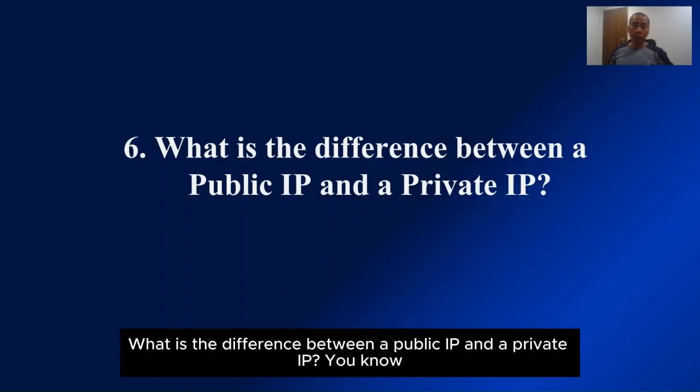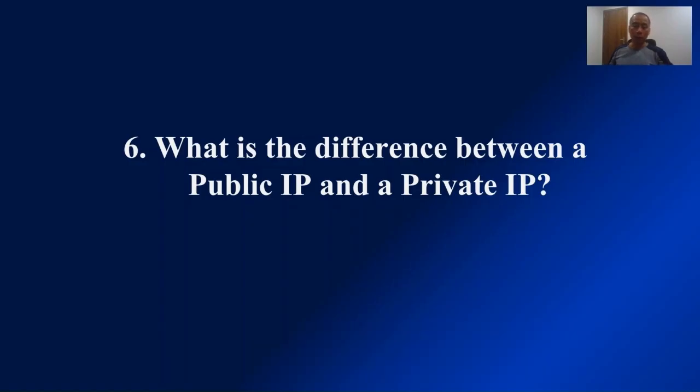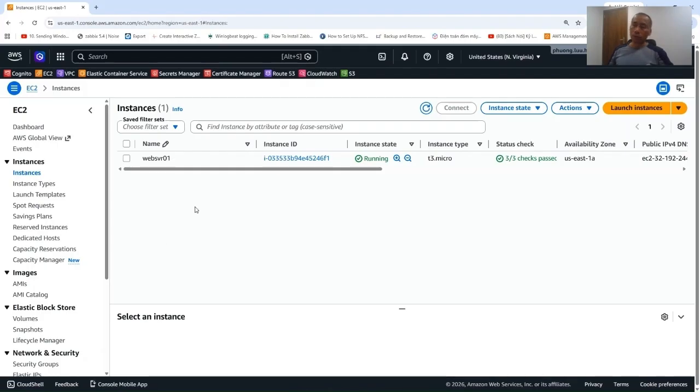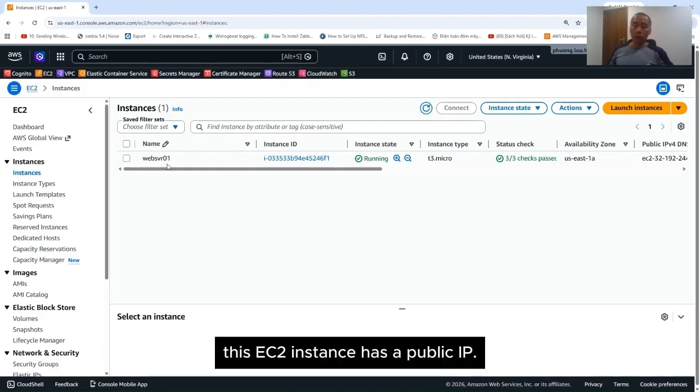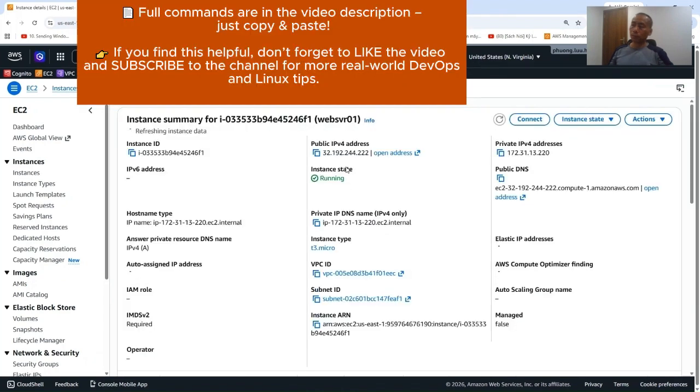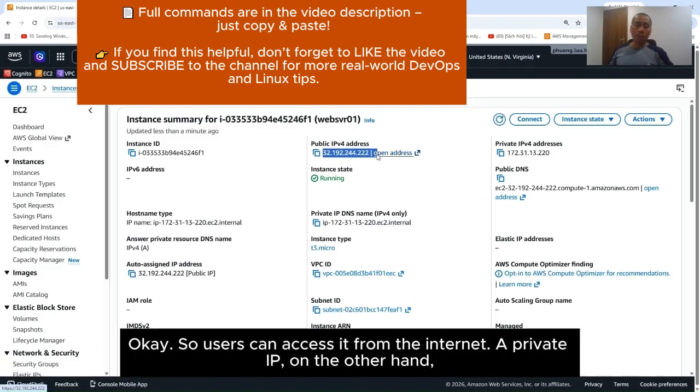What is the difference between a public IP and a private IP? A server with a public IP can be accessed directly from the internet. For example, this EC2 instance has a public IP, so users can access it from the internet.